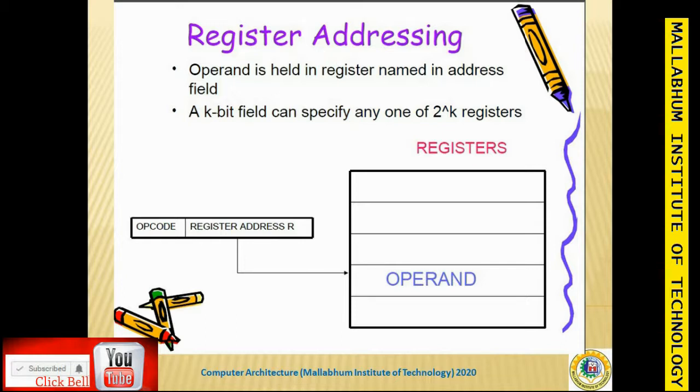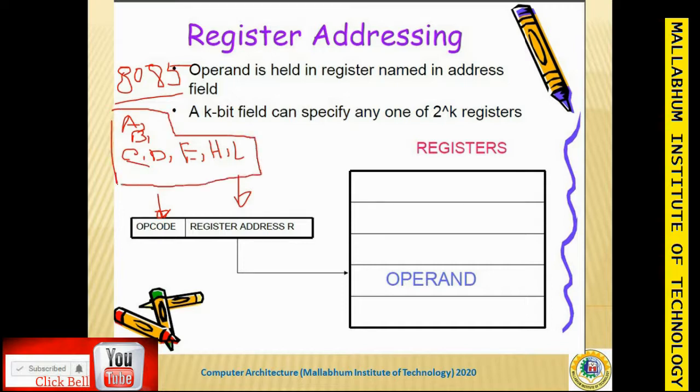So here, this is your opcode and this is your address field or operand field. In any kind of machine, suppose there is the 8085 processor, all of you know that there are registers residing in the 8085: the accumulator, and also B, C, D, E, H, L. These are the internal registers of the 8085 microprocessor, and they differ in different machines.